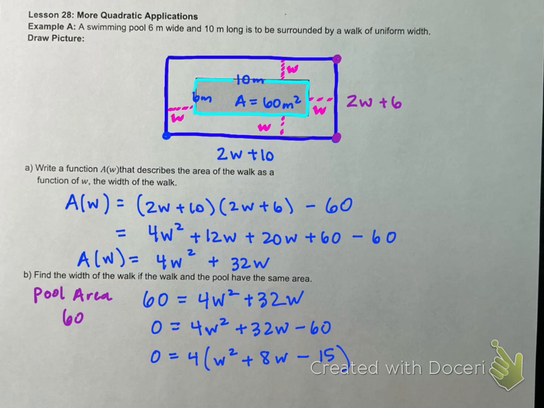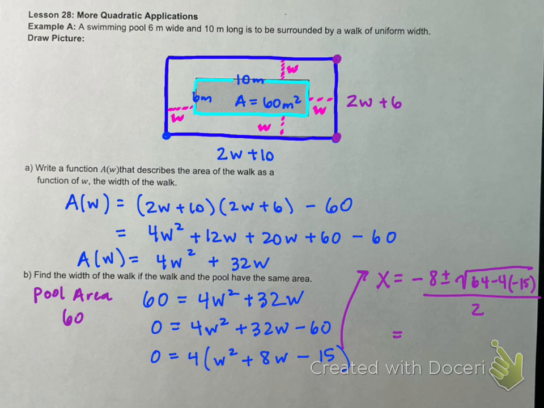So, in this case, I'm going to use the quadratic formula to solve for this part B. So, x is equal to negative 8 plus or minus the square root of 64 minus 4 times 1 times negative 15, all divided by 2 times 1.